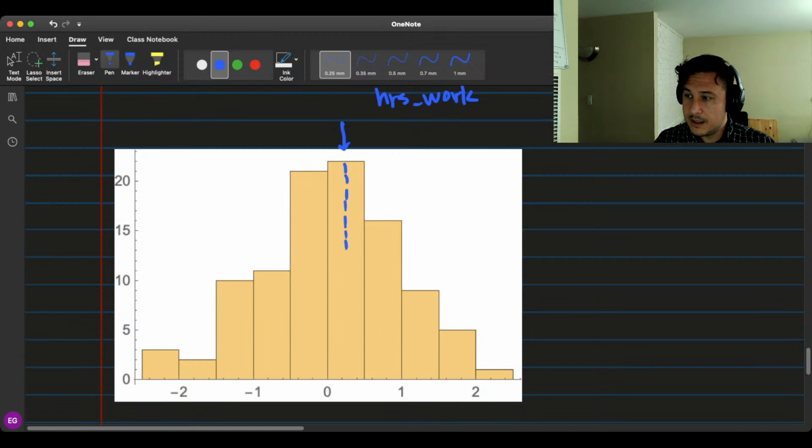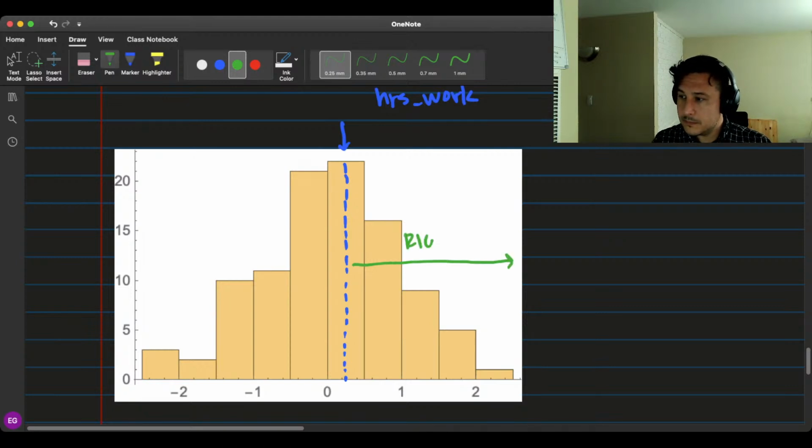So let's draw the line. It's around 0, right? Pretty close to 0. Okay. And now we measure out the right tail. It goes out to about what number approximately? Yep.